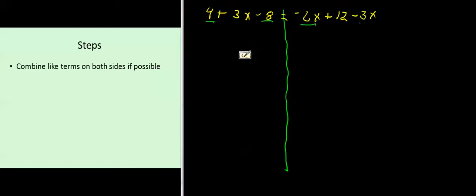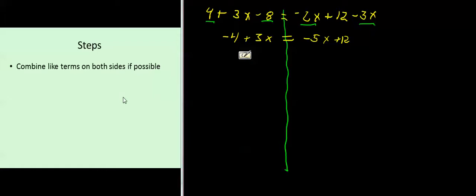Negative 2x and negative 3x are like terms. So we combine these. 4 plus negative 8 is negative 4 plus 3x equals negative 2x plus negative 3x. We add the coefficients. We add the negative 2 and negative 3, and we get negative 5x plus 12.